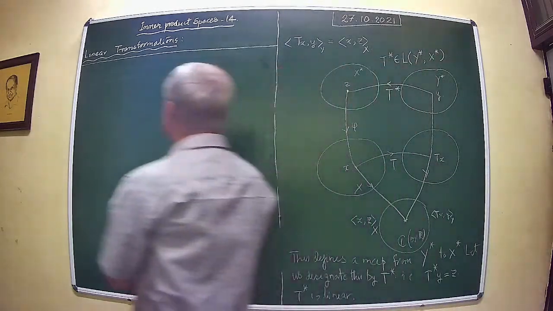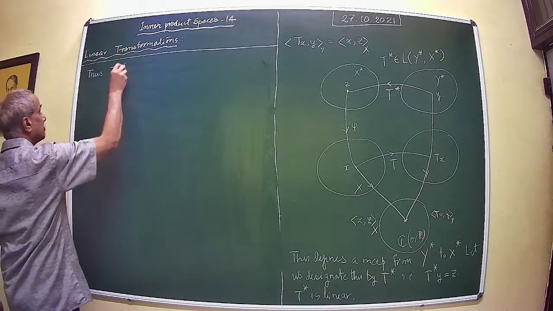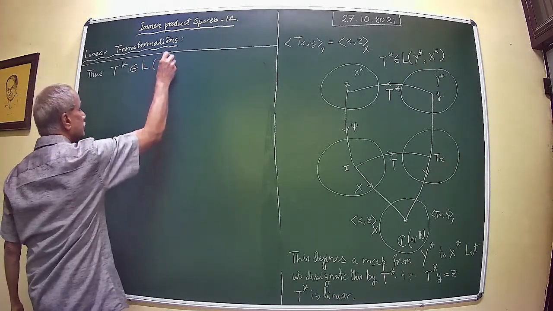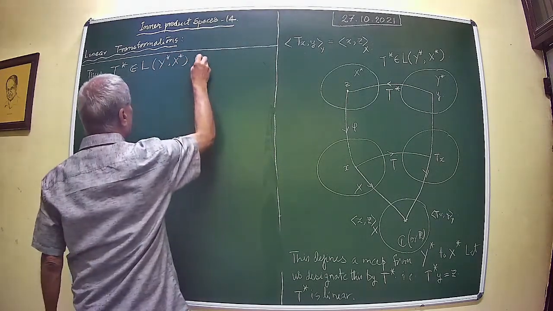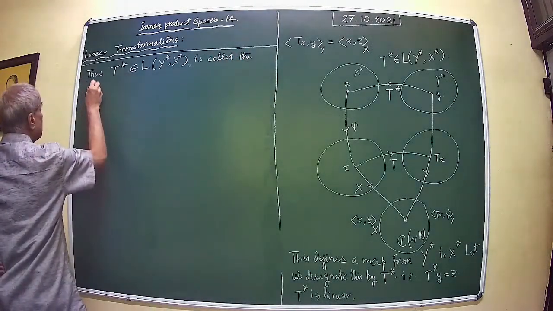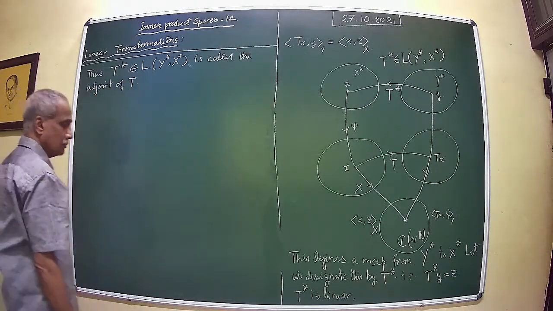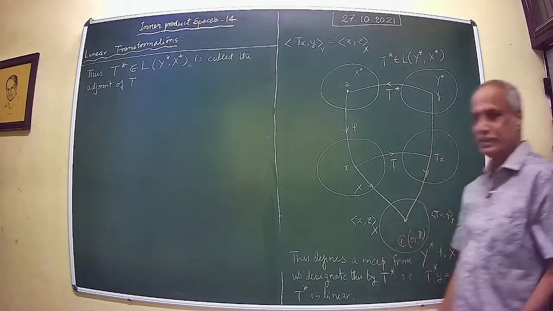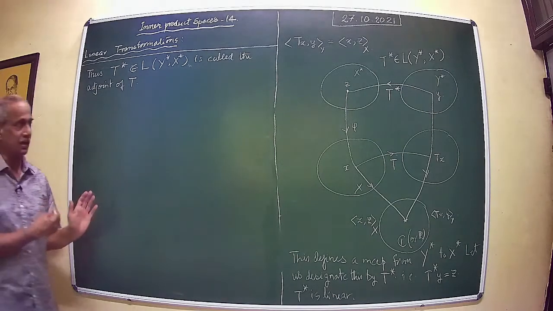So this is what you have. It is called the adjoint of T. So what we have proved is that every linear transformation has a related transformation which you call the adjoint of the given linear transformation.